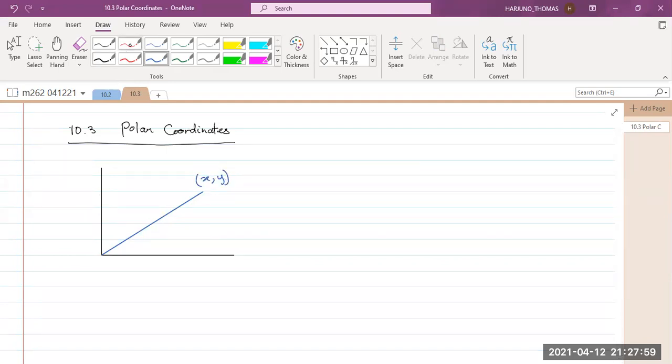We will represent that as r, theta. This is the r, this is the theta. So the blue one is in rectangular, the red one is in polar. We want to do this conversion, x, y in rectangular coordinate system equals r, theta in polar coordinate system.